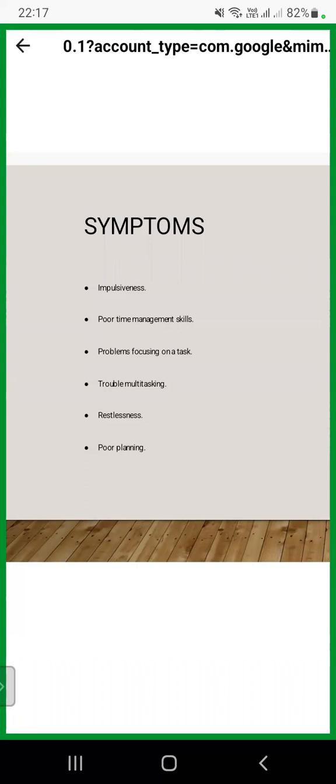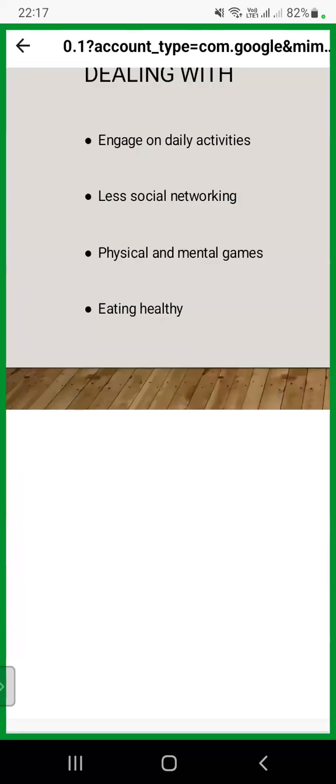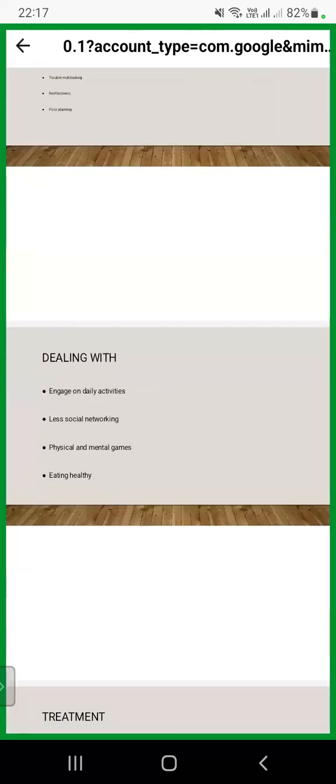Now, how do we deal with these situations? How do we take these symptoms and bring them into class so that we are able to control the environment or the classroom?